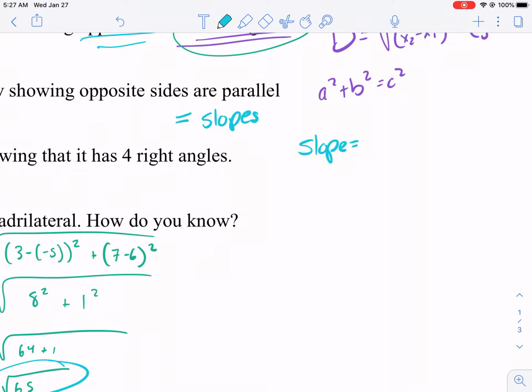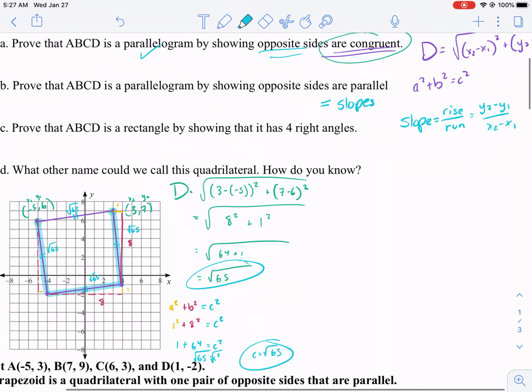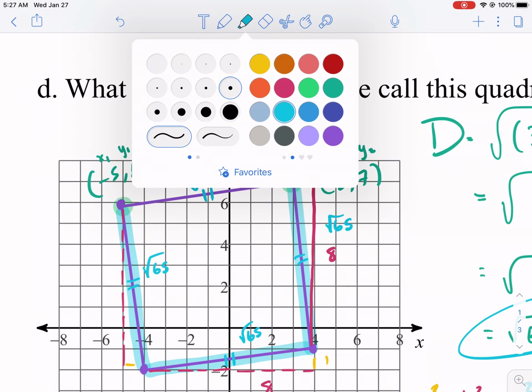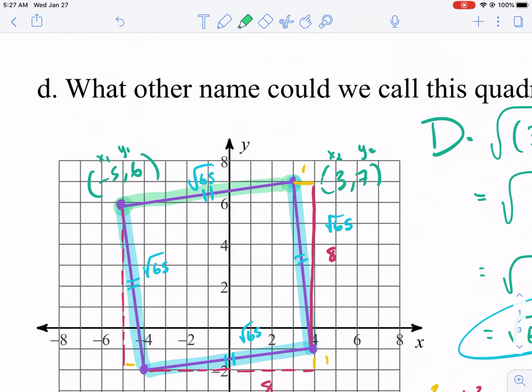Slope is equal to the rise over the run, or more mathematically, y2 minus y1 over x2 minus x1. A way to remember it is you rise with the y's, and you run from your x's. Okay? Now, luckily for this first side here, we already had the points labeled.